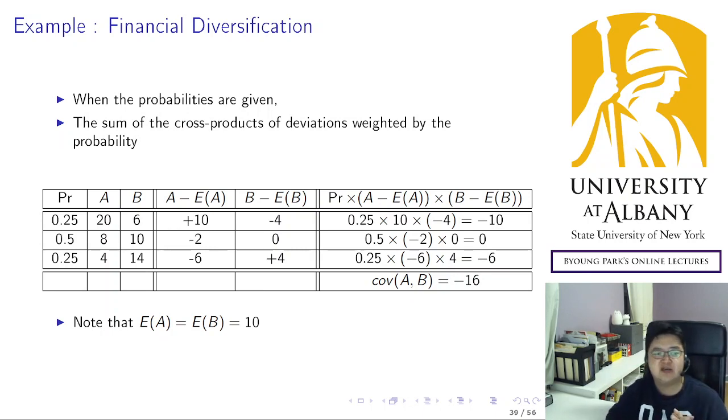But now, because you have probability, when you take the average of the cross product of deviations, you have to utilize the probability. So in this step, you multiply the probability by the deviations. And then the covariance is minus 16.